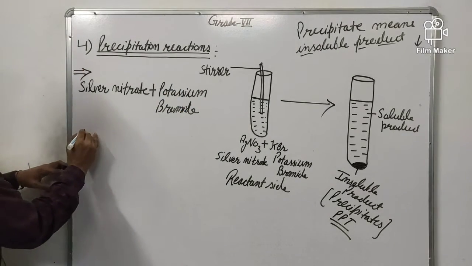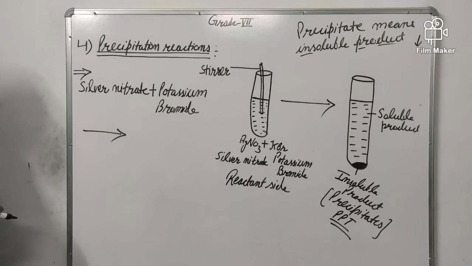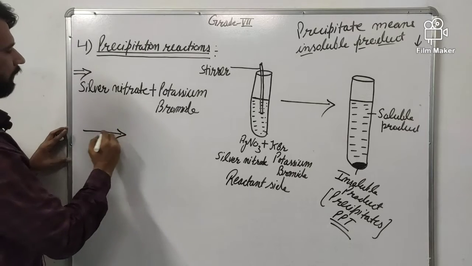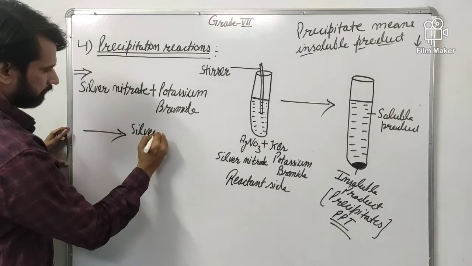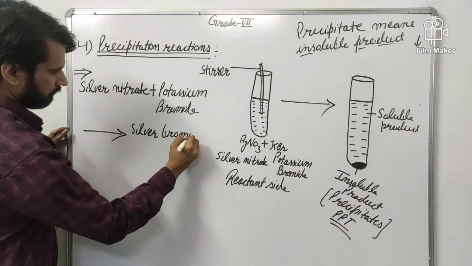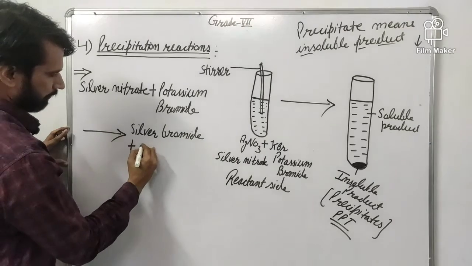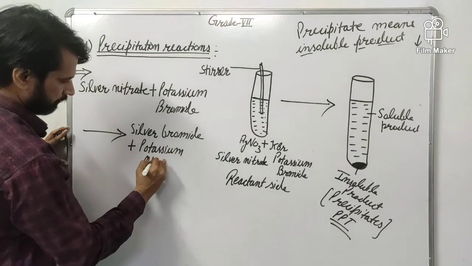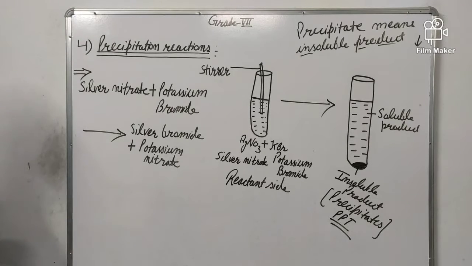After some time, when these two reactants interact with each other, they will form new substances and a chemical reaction will happen. The first product will be silver bromide and the second product will be potassium nitrate. This is the word notation of the chemical reaction.